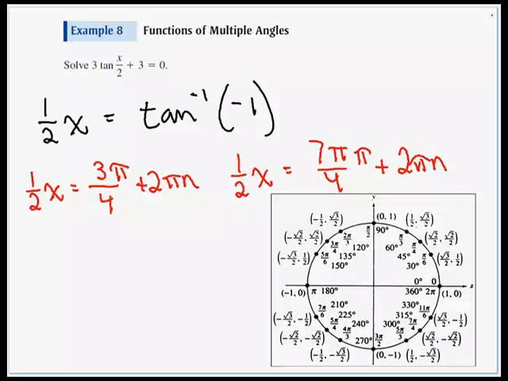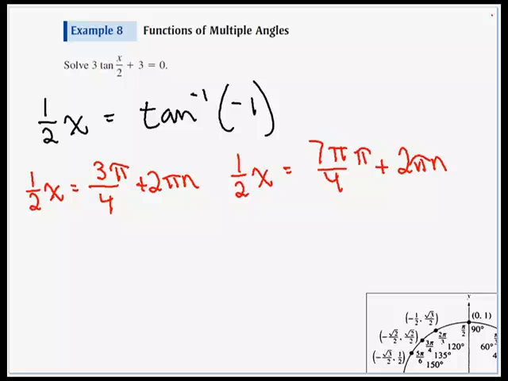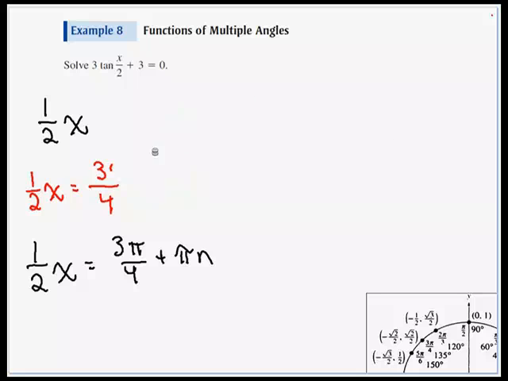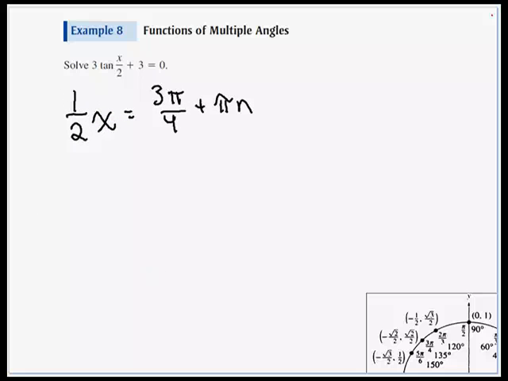So we could just do one of these answers plus 1 pi n. And let's do that. I'll just pick this one. A half x equals 3/4 pi plus 1 pi times n. And that will account for this other one here. And we still haven't gotten x alone.